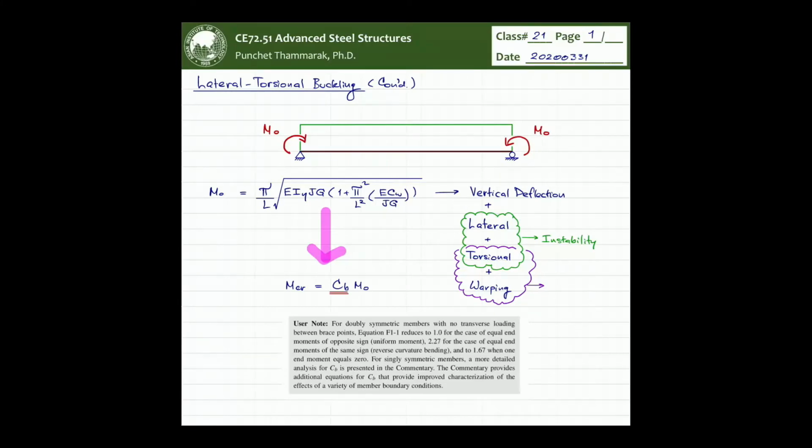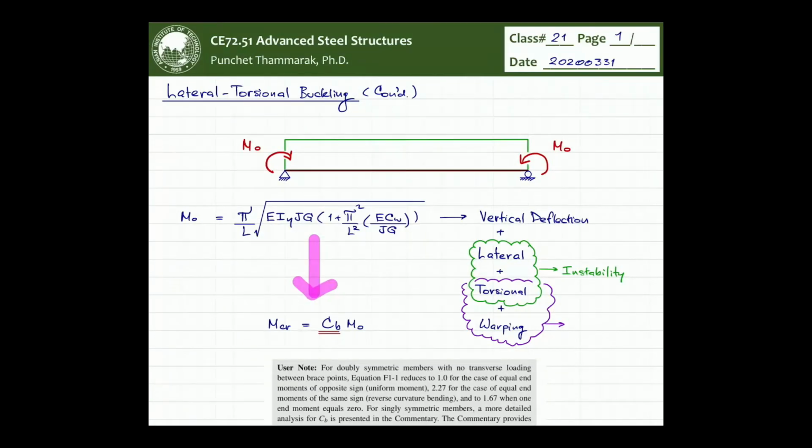The lateral torsional buckling equation we derived on Thursday is based on this given format. It is under the condition that the moment is applied on both sides and the beam is subjected to uniform bending moment.